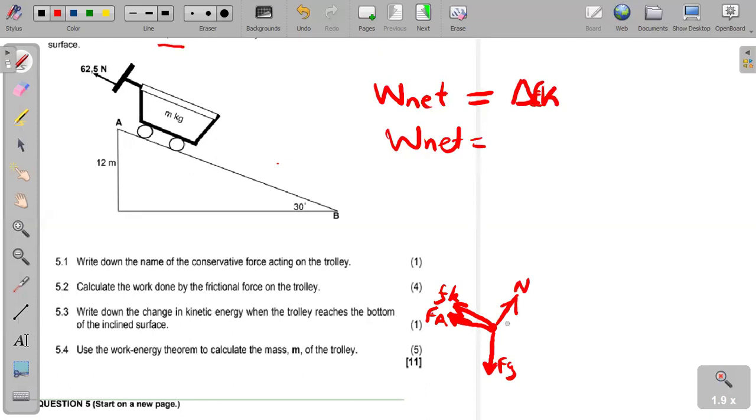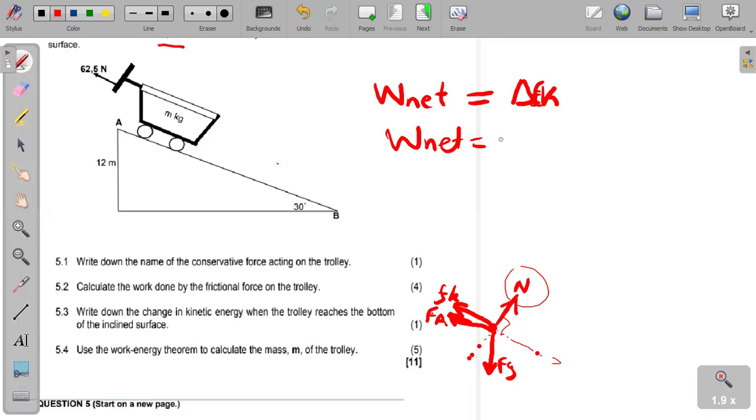Now, from our understanding, the normal force shall obviously do a work of 0 joules because the angle between the force and the displacement, mind you, the displacement is down the incline, is going to be 90 degrees. Same applies with the perpendicular gravitational force. It's going to do a work of 0 joules as well.